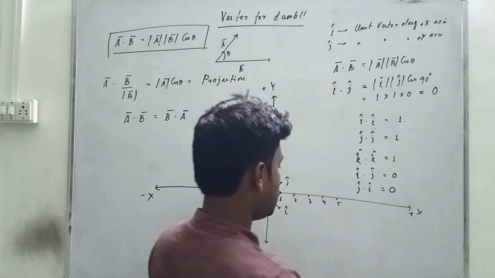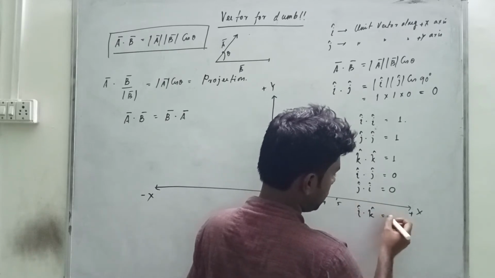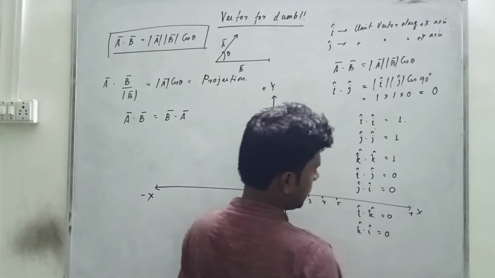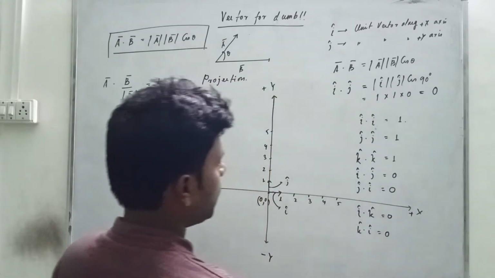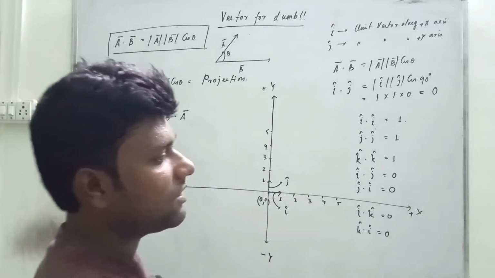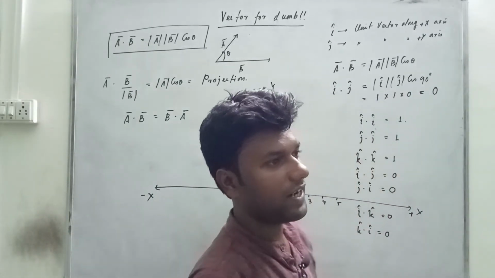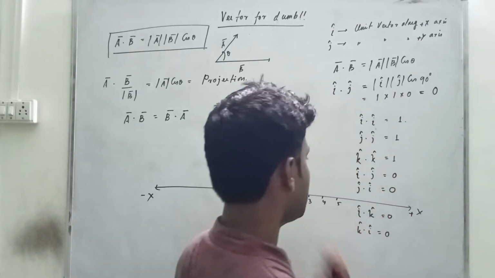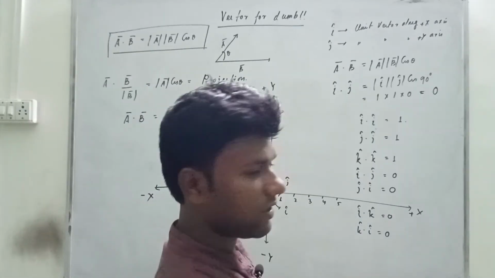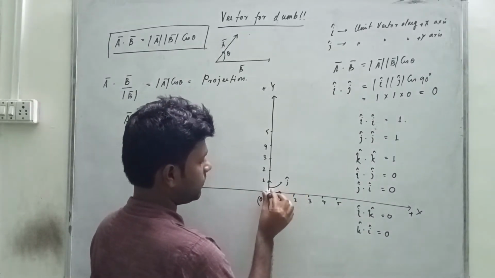Okay, and from our similarity, i dot k goes to 0, k dot i goes to 0, because i, j and k are unit vectors along the x, y and z axes, and all of you know these three axes are mutually perpendicular. I mean x and y are perpendicular, the angle between them is 90 degree, and similarly for the z axis.